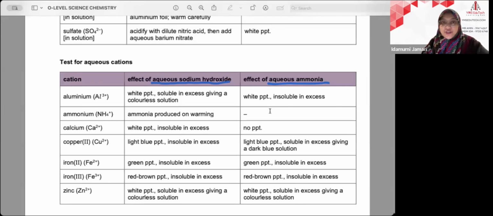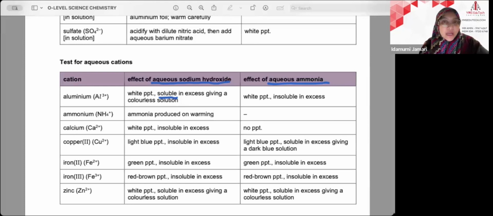Let's go through each cation. For aluminium ion, if you test with sodium hydroxide, you will see white precipitate, which is soluble in excess to form a colorless solution. But if we test it using aqueous ammonia, the white precipitate will be insoluble in excess.